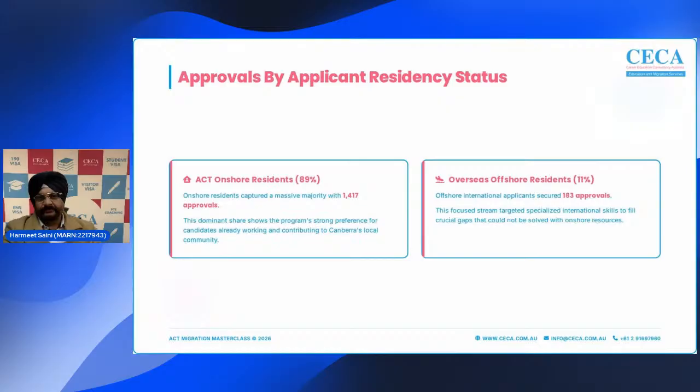For offshore applicants, the focus stream targeted specialized international skills to fill crucial gaps that could not be solved within the onshore resources. They turn to offshore applicants only if they are unable to find talent onshore within the ACT.